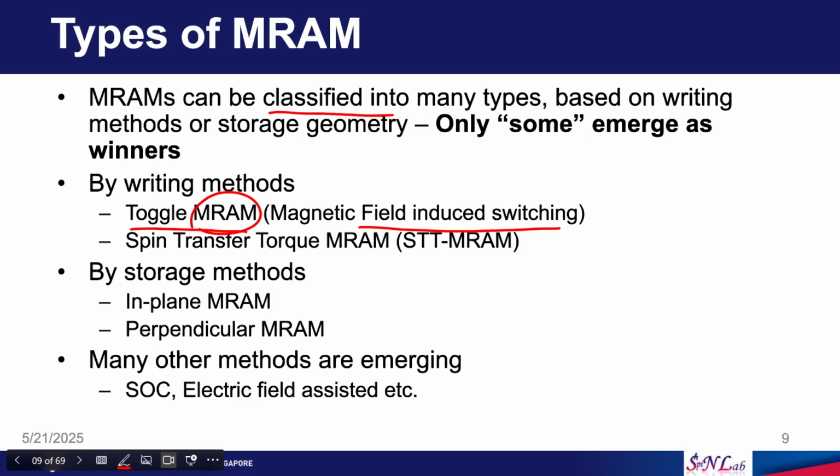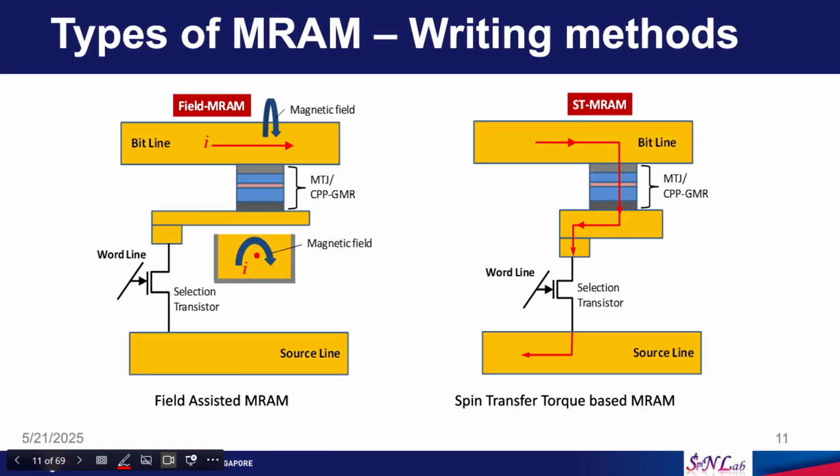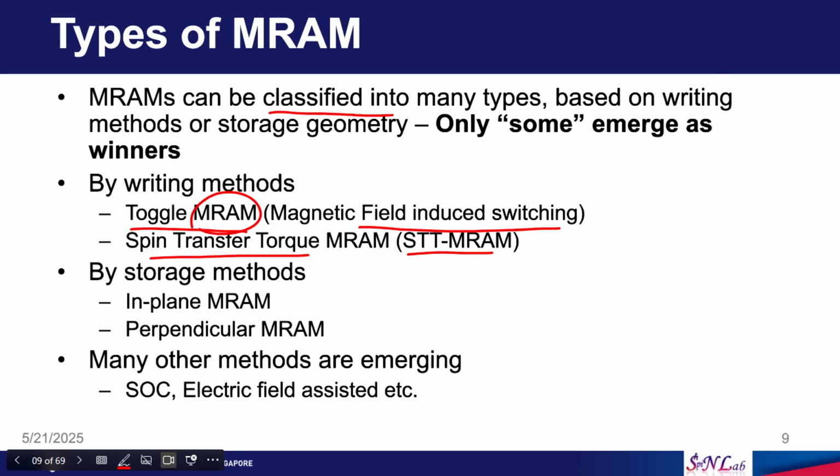So, if you use spin transfer torque for writing information, we have STT-MRAM and things like that. Okay. So, depending on how we write or store information, there are many names for MRAM. Today we will focus more on the writing methods.